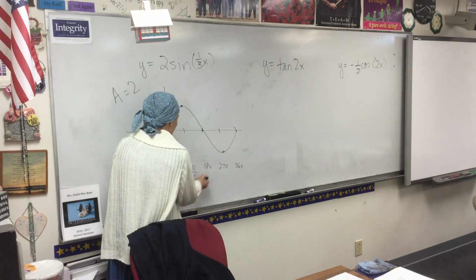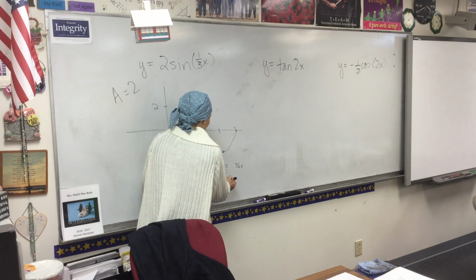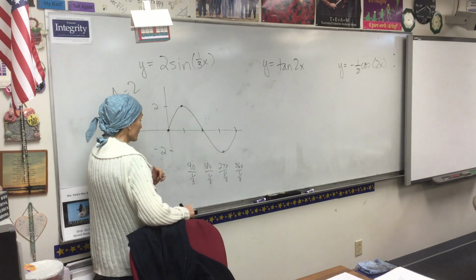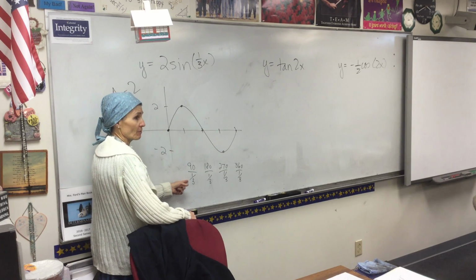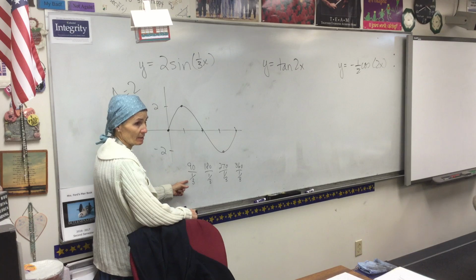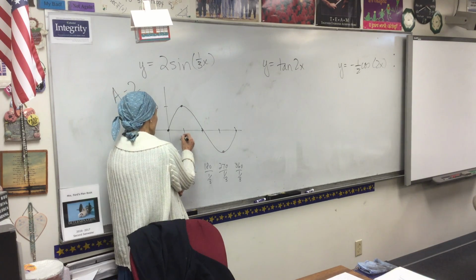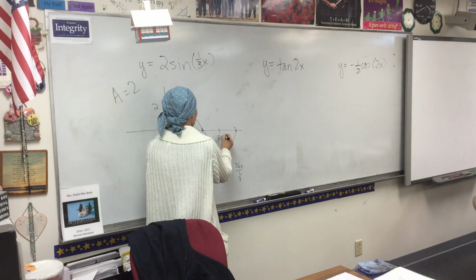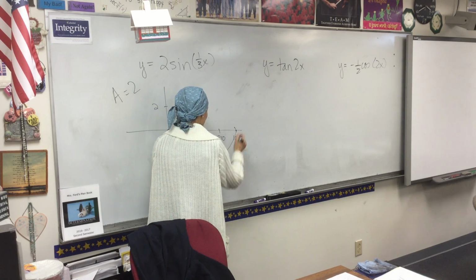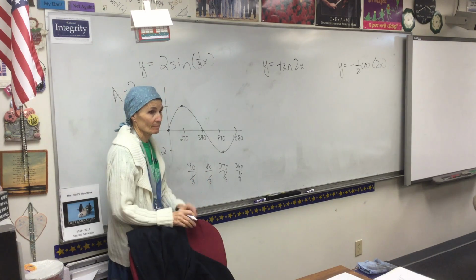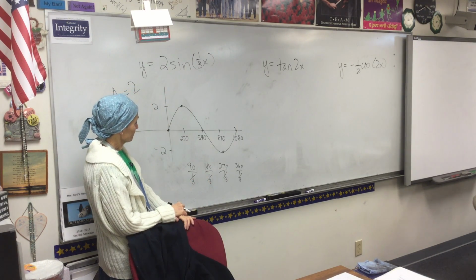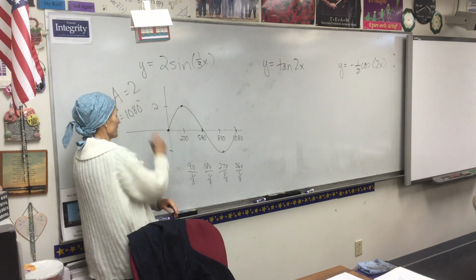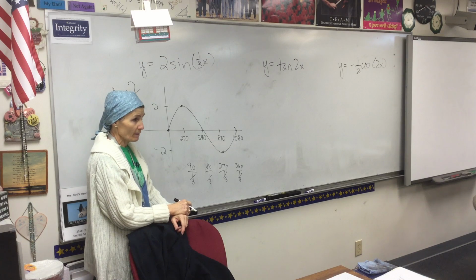It divides the period, the horizontal. So dividing by a third is the same as timesing by 3. So this would be 270, 540, 1080. So my period is 1080 degrees, right?